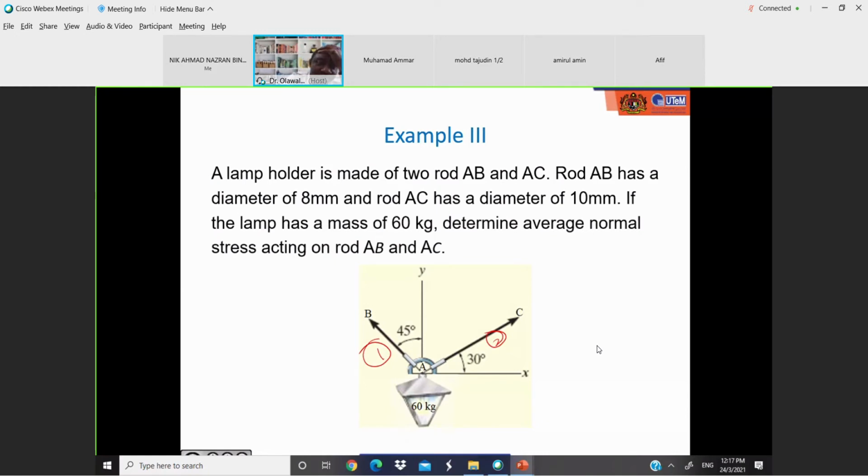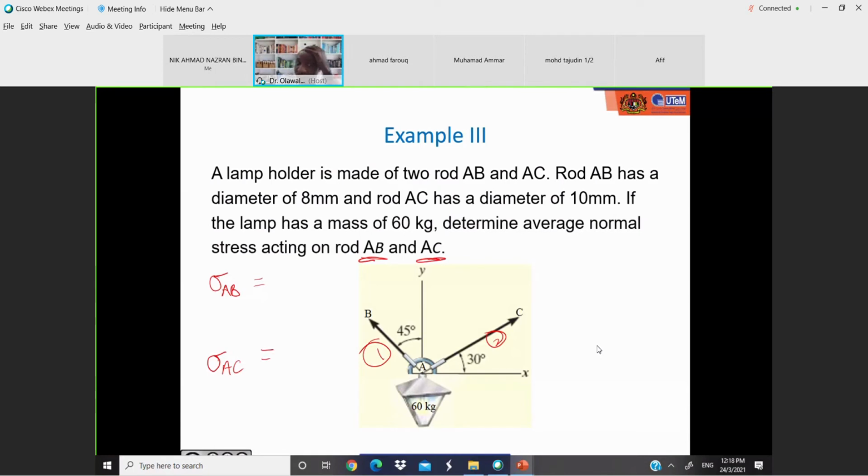One, you want to determine sigma AB, and then sigma AC.